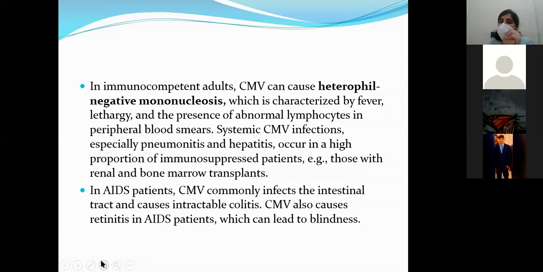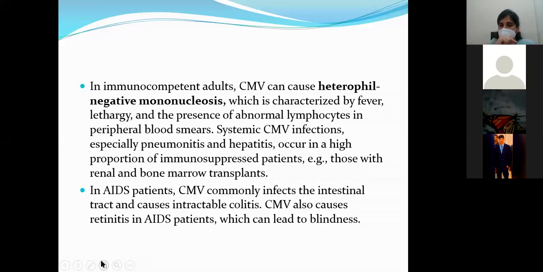Okay. In the Epstein-Barr virus, which causes infectious mononucleosis, heterophilic antibodies will be seen. But in cytomegalovirus, the presentation can be just like the mononucleosis, but heterophilic antibodies are negative. So we call it heterophilic negative mononucleosis, which is characterized by fever, lethargy, and presence of abnormal lymphocytes in the peripheral blood smears.